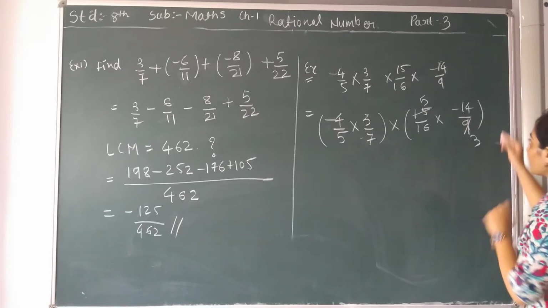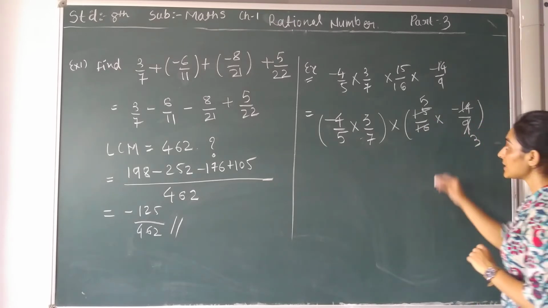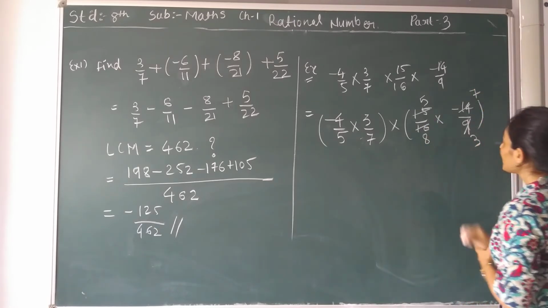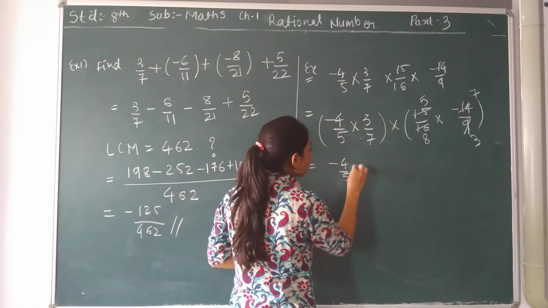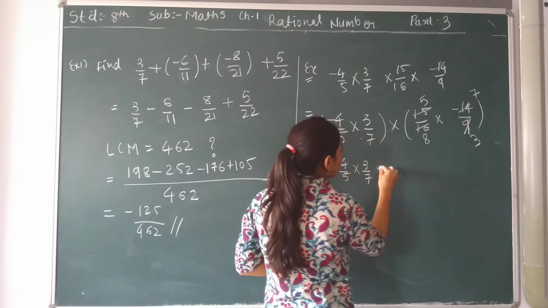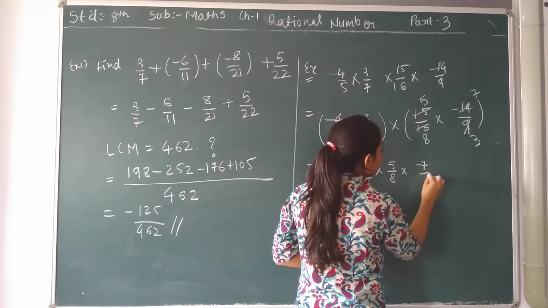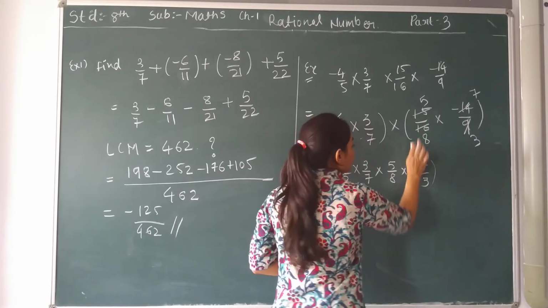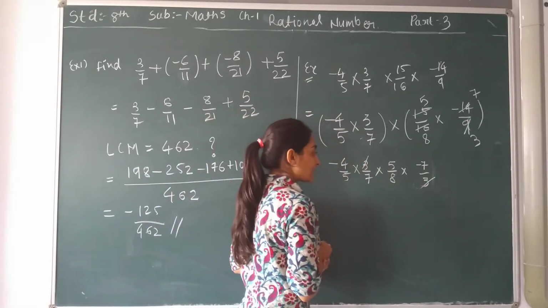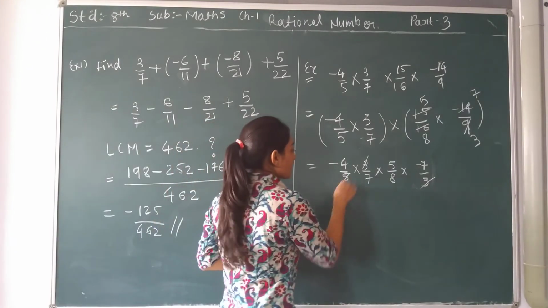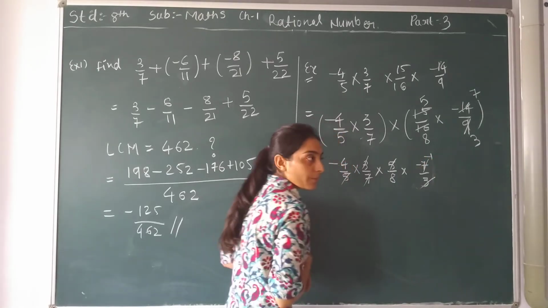Okay, so 7 twos are 14 and 8 twos are 16, so 8 left over here and 7 left over here. Okay, again I am making the same thing. 4 divide 5, 3 divide 7, what left? 5 divide 8 minus 7 divide 3. Okay, 7 divide 3. Now look at over here. 3 gets cancelled, all are in multiplication. 5 gets cancelled, 7 and 7, minus 1 left.